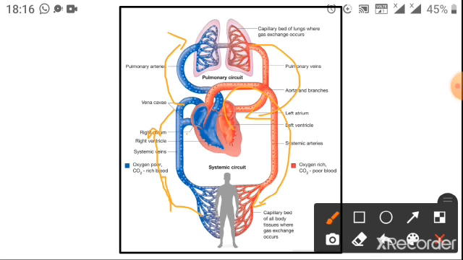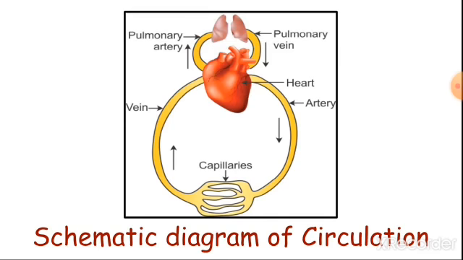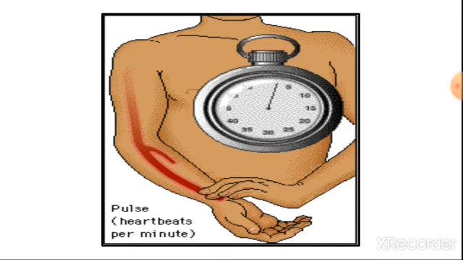Now there is an activity to study the flow of blood through the arteries. For the activity, place the middle and index finger of your right hand on the inner side of your left wrist. Can you feel some throbbing movements?